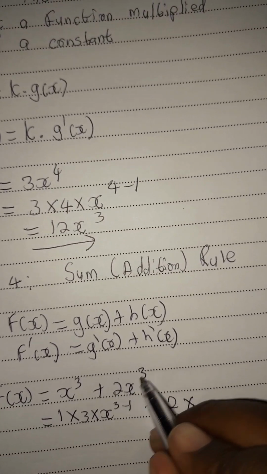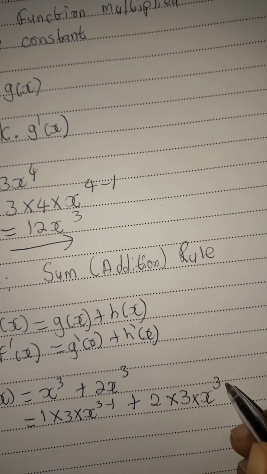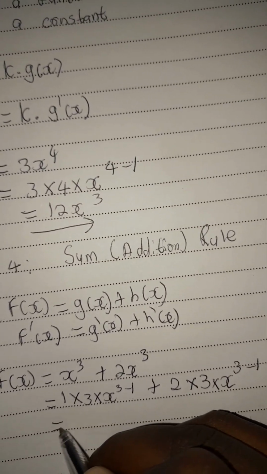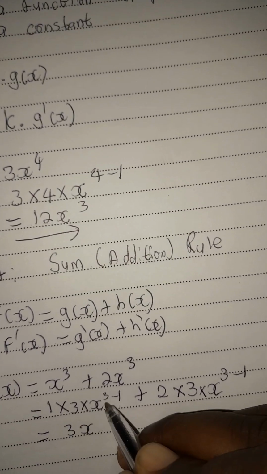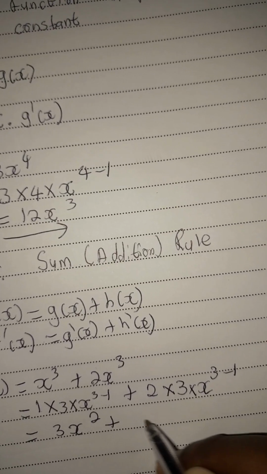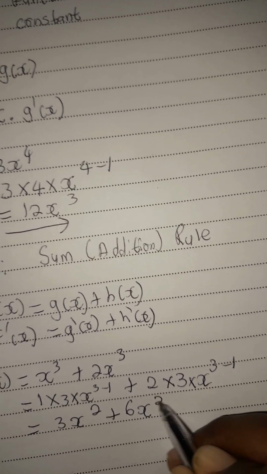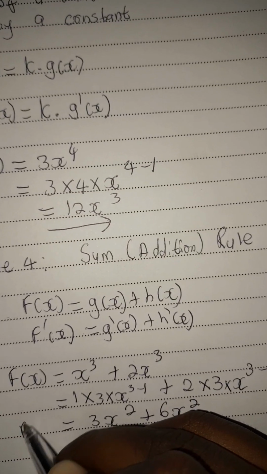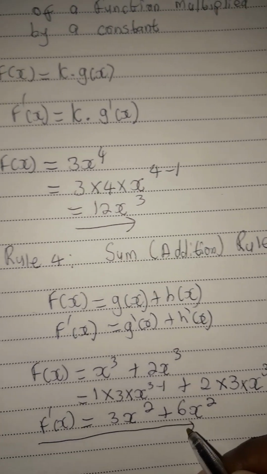So it's going to be 2 times 3 multiplied by x to the power of 3 minus 1. So what are we waiting for? 1 times 3 is 3. Then what is 3 minus 1? That's 2. Then what is 2 times 3? That is 6. 3 minus 1, that is 2. So definitely this will be our solution.